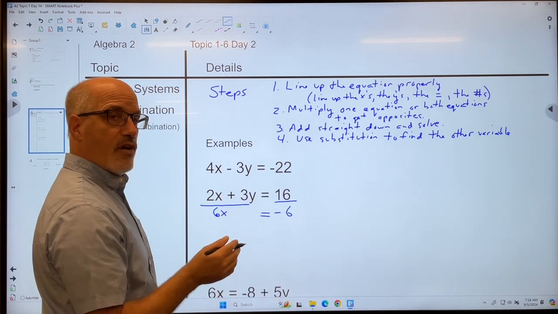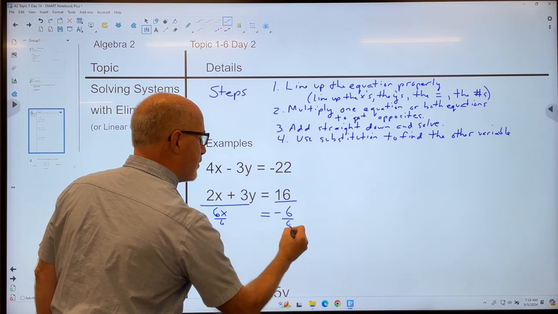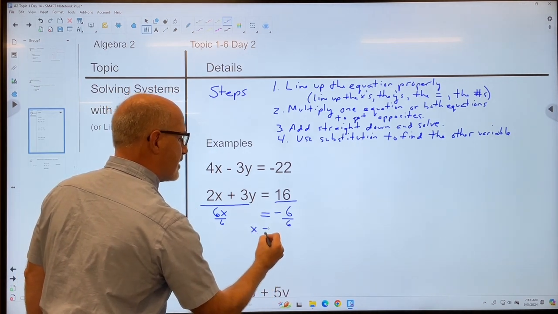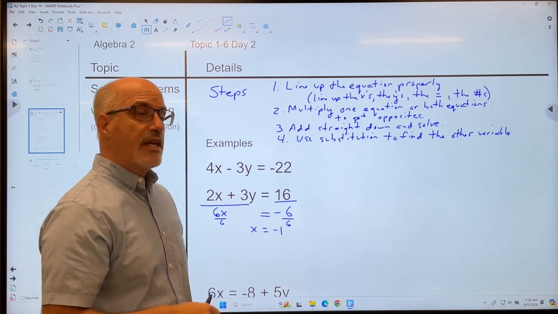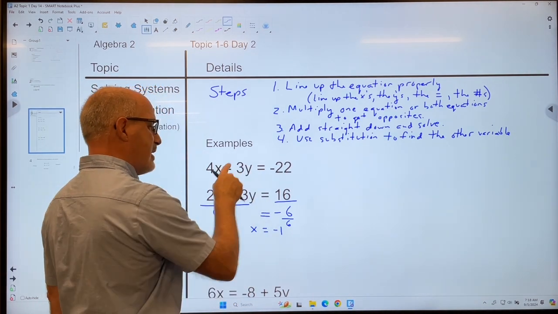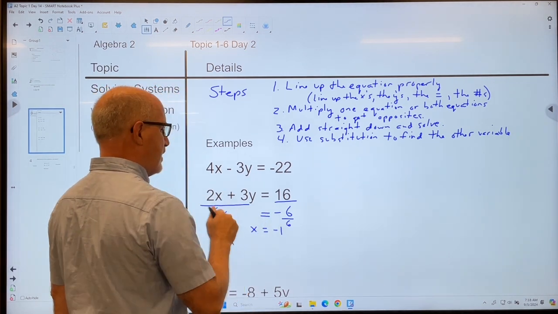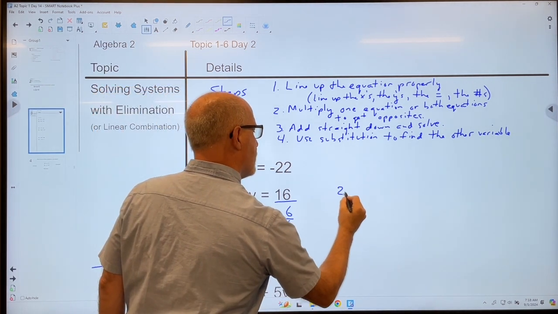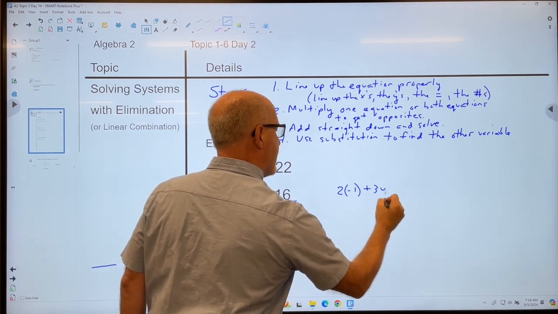Now I can solve this equation. Divide both sides by 6. Make sure you do it on both sides of the equation, so you get x equal to negative 1. Now I go back to substitution to solve this equation. So I'm going to take that negative 1 and substitute it into either equation. So let's go ahead and put it into the, I'll do it in the second equation. So 2 times negative 1 plus 3y equals 16.